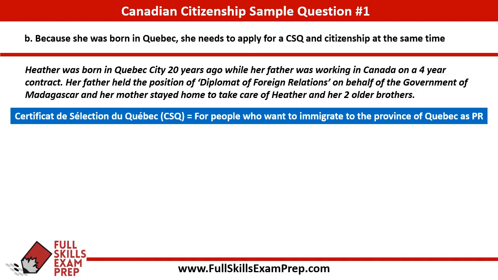If you don't know what the CSQ is, it's the Certificat de Sélection du Québec, and it's for people who want to immigrate to Quebec. We've talked about intent quite a few times throughout all of these lessons, and just like any provincial program, if somebody intends to live in Quebec, they would apply through Quebec.